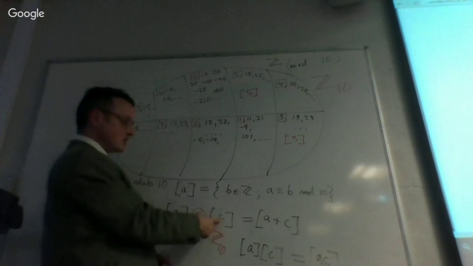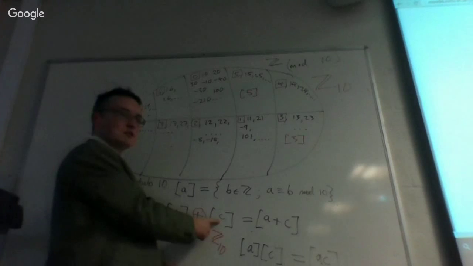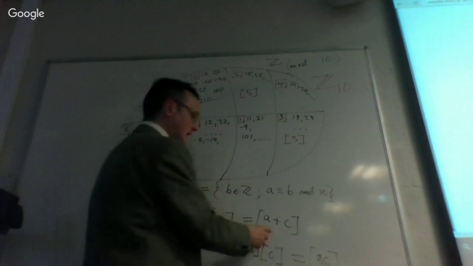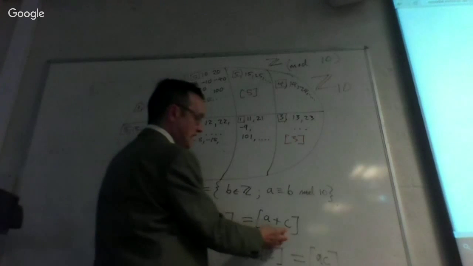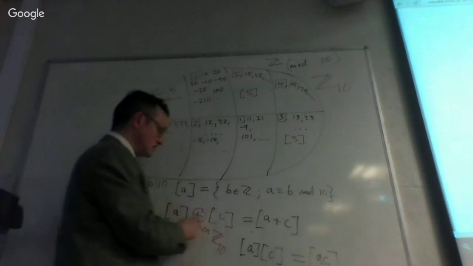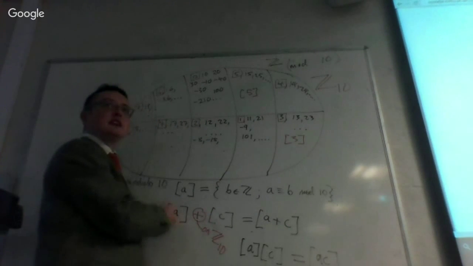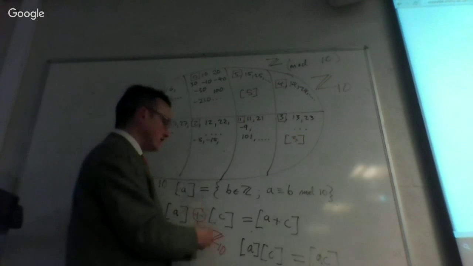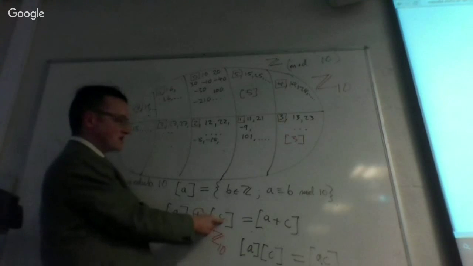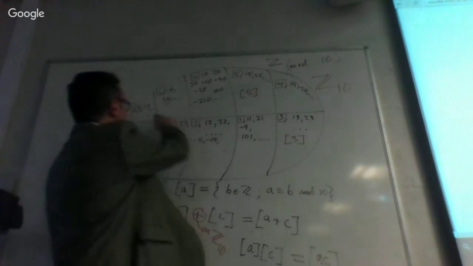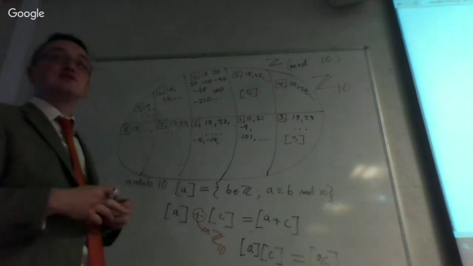Since you're basing the definition of this new operation on evaluating an operation using representatives, you have to check that it's well defined: that no matter what choice of representative from here, and no matter what choice of representative from here, you always land up in the same congruence class.